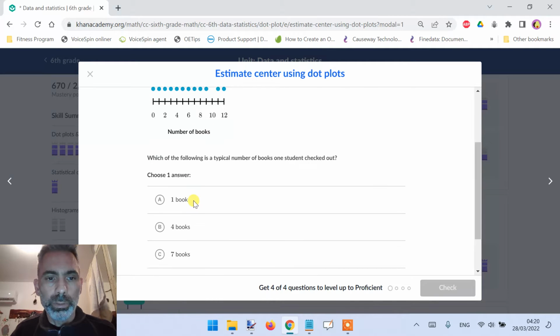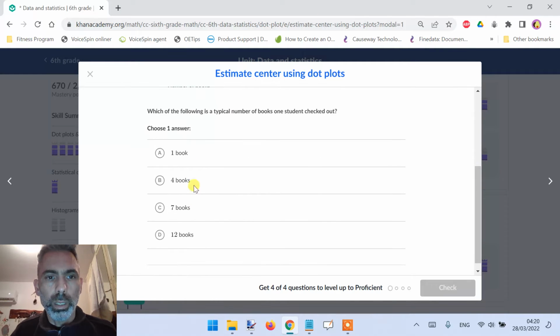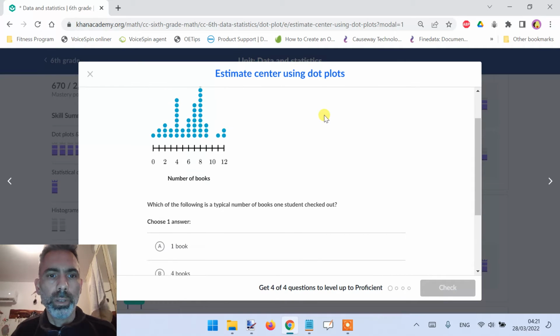several options that should represent a typical number of books one student checked out. Which of the following is a typical number of books one student checked out?